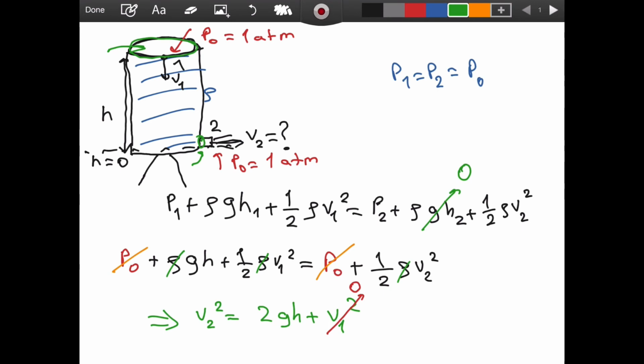As I said, it is not equal to 0, not exactly, but we can simplify the situation. And if we make that simplification, we get that v2 is equal to the square root of 2gh. And also you can convince yourself that we can make this substitution by considering that v1 is a small value, and if you take the square of a small value, you get something even smaller, right?